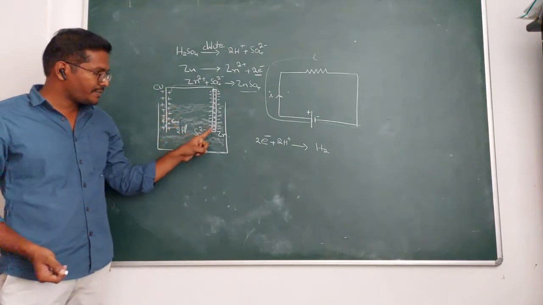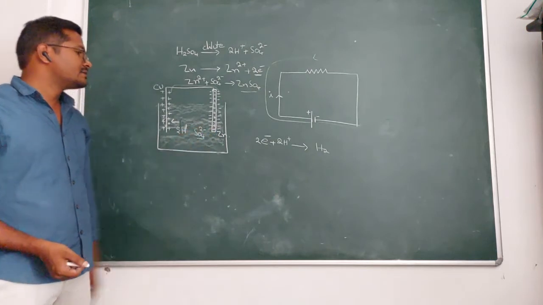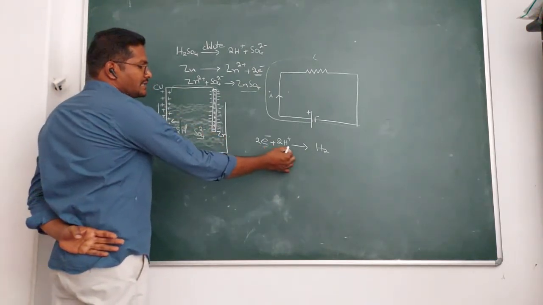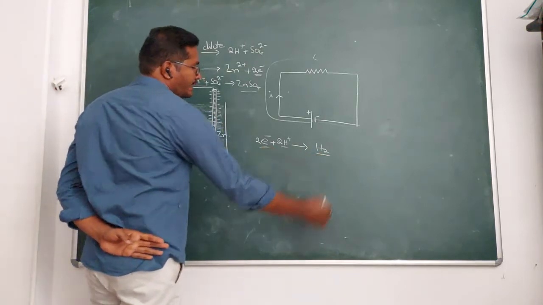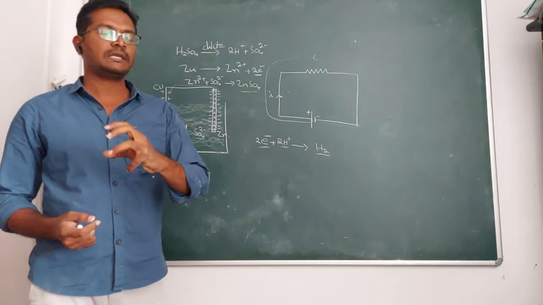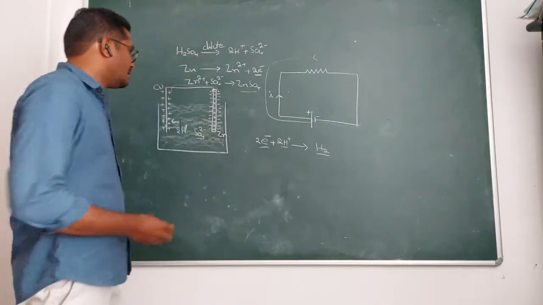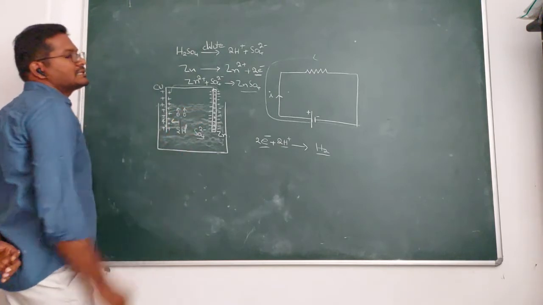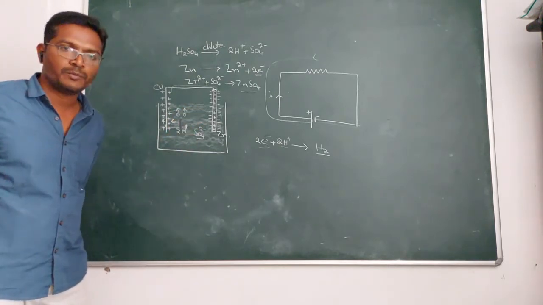Because they were repelled by the zinc rod. So the two electrons mix with two positives, and you get H2 gas in the form of bubbles. Then you can see the H2 bubbles rising in this solution.